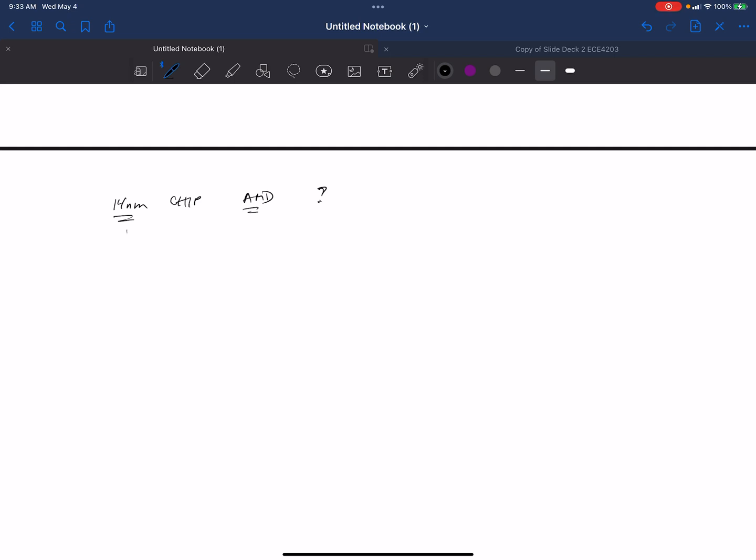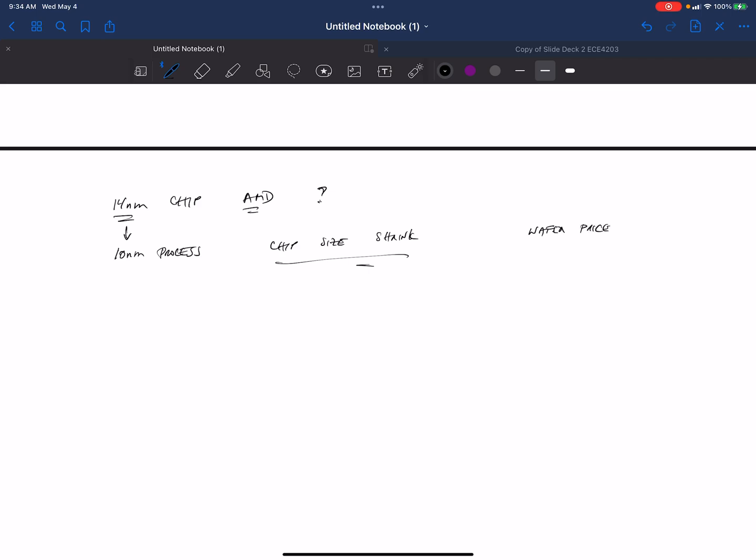Okay, so if you take this from 14 nanometers to a 10 nanometer process, you would end up with a chip size shrink, and first let's see if that'll give a lower cost, because the chip size will shrink but the wafer price goes up.